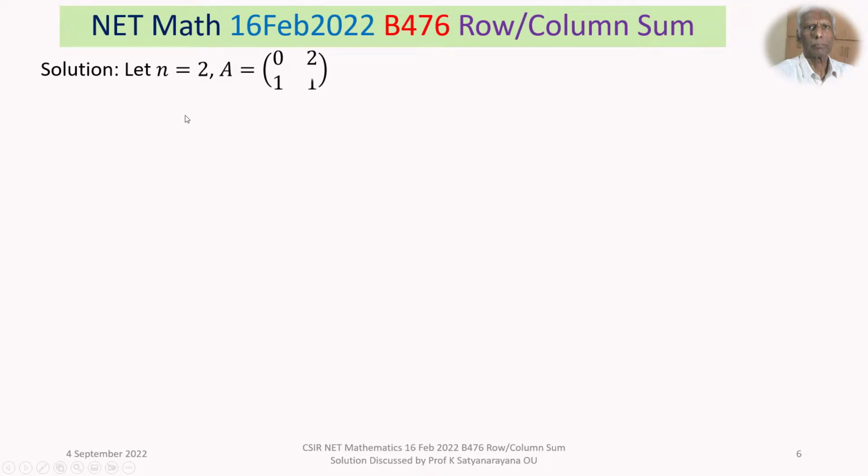We now discuss the solution of the problem in detail, and we will now test for the case n equal to 2, that means A and B are matrices of order 2, and we have taken particular cases. A is equal to the first row 0 2, second row 1 1.